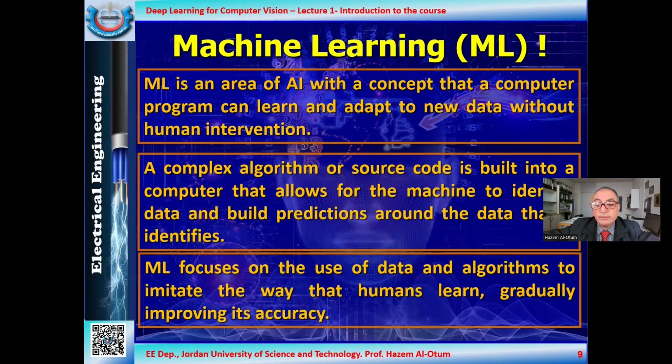As you know, from our early days when we were babies, and later on as we grow up, we learn a lot of things gradually, step by step, to improve our accuracy and our decision-making facilities. This is also used in machine learning in order to improve its accuracy and its performance during the testing of the new data.